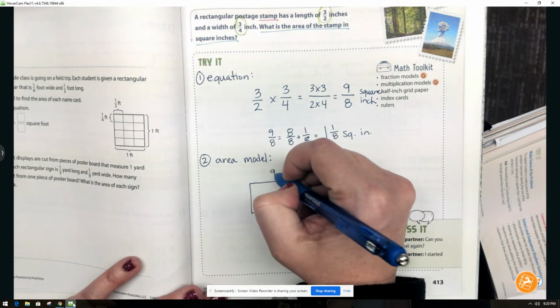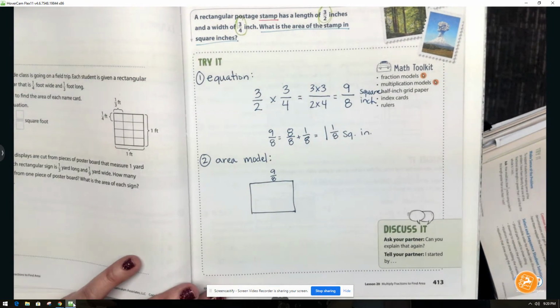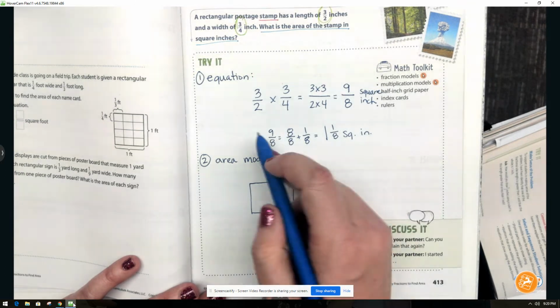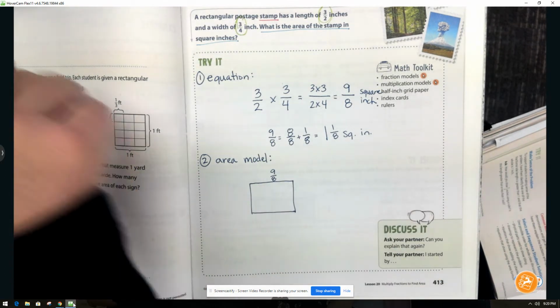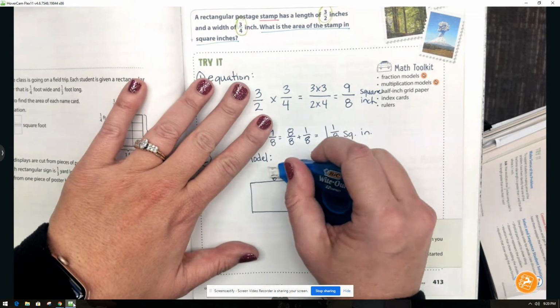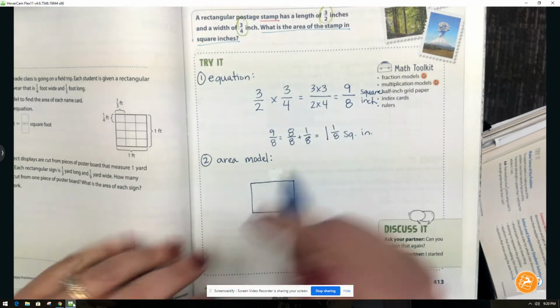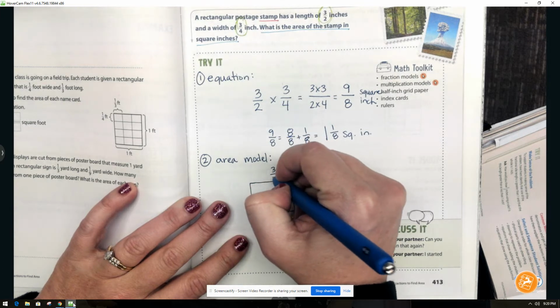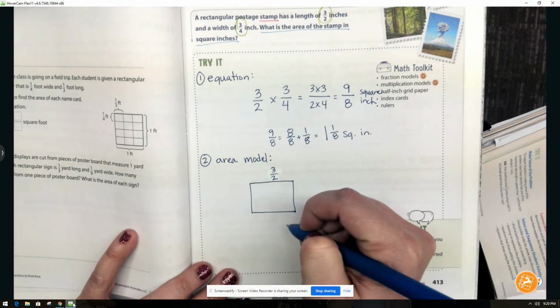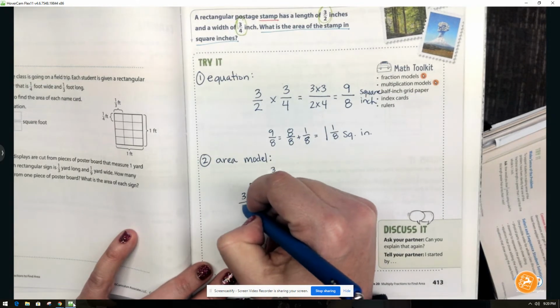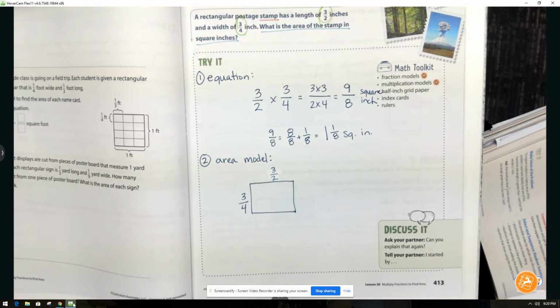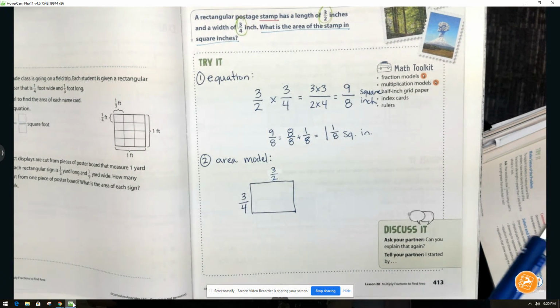So we're going to put the 9/8 up here on the top, oh, not the 9/8, excuse me, the 3/2. There we go. We're going to put the 3/2 up on the top and the 3/4 on the side. Now watch how this goes.